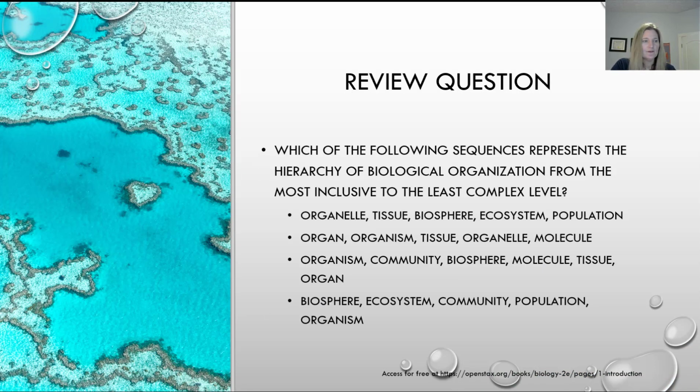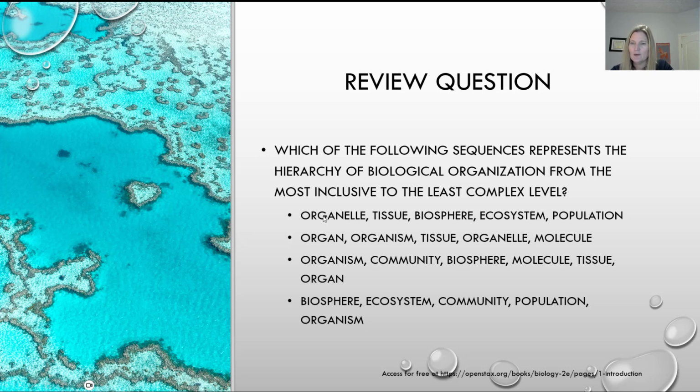And then we have, which of the following sequences represents the hierarchy of biological organization from the most inclusive to the least complex? So go back to that hierarchy, that order. Which one is the correct order? Well, let's see.